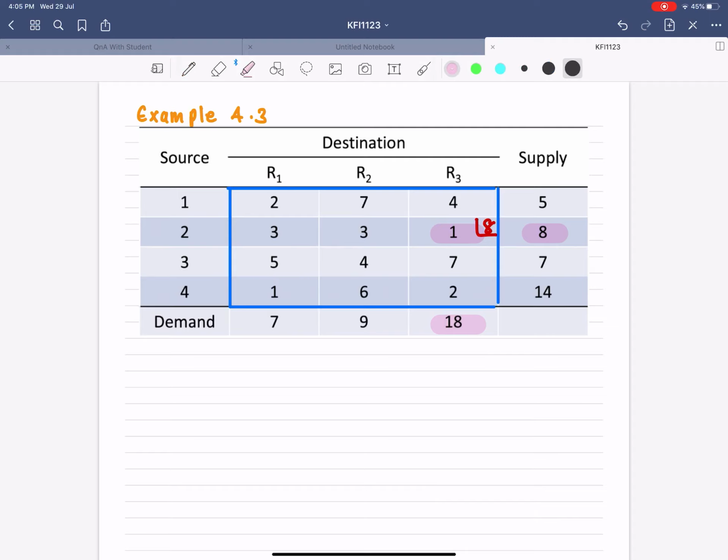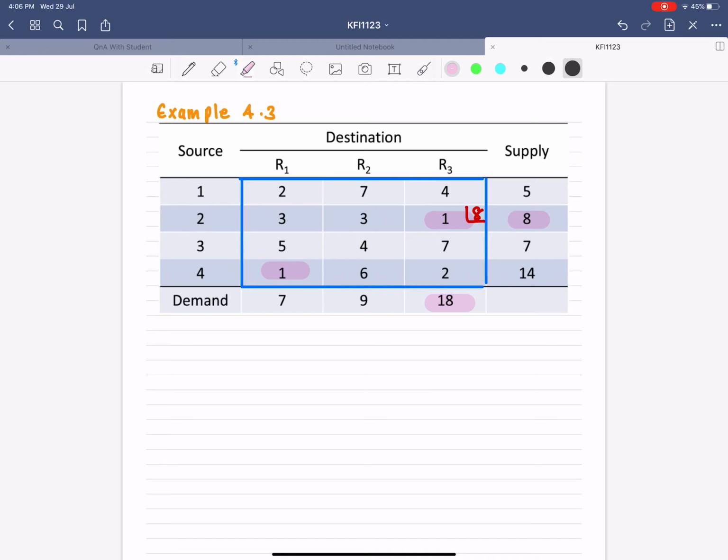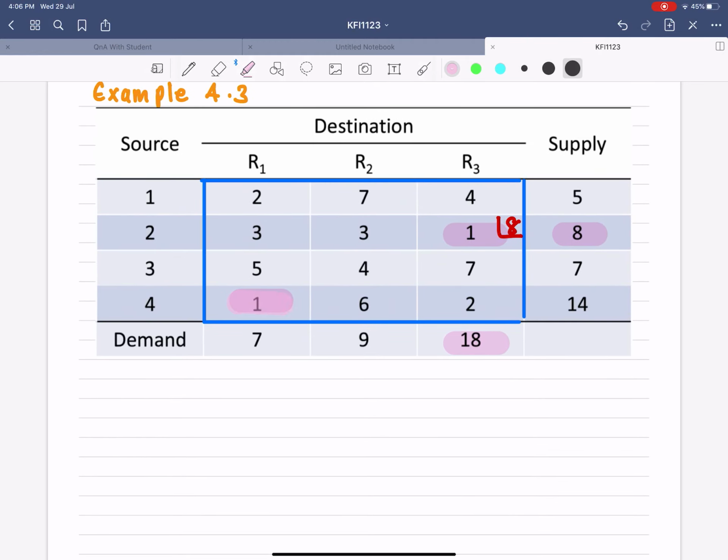Okay, next we consider the second minimum value, which is the same as our value just now, 1. If we want to allocate a value to this cell, then you have to compare, because this value is located in the first column and in the fourth row. So you need to compare the demand value in the first column and the supply value in the fourth row.